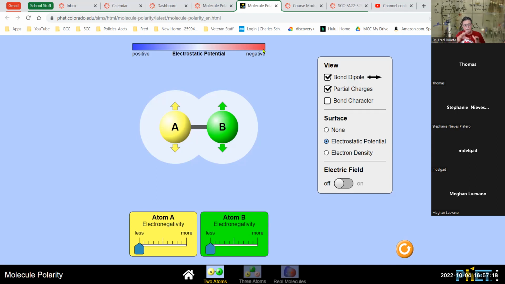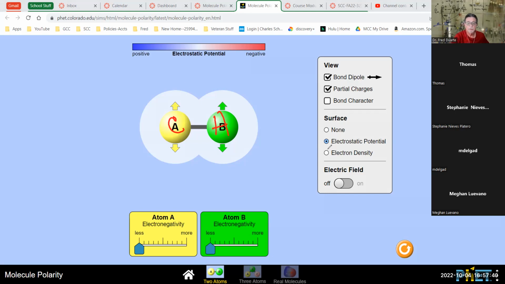So you see this bond here between A and B. Right now, the electronegativity in this example is essentially the same. So this could be an example of, say, carbon and hydrogen, right? Even though they're different, their electronegativity is essentially the same.